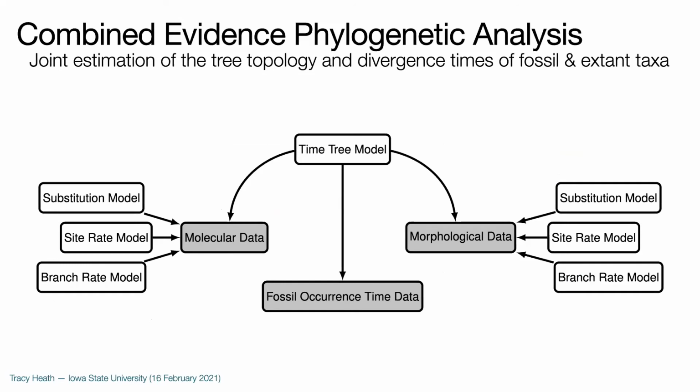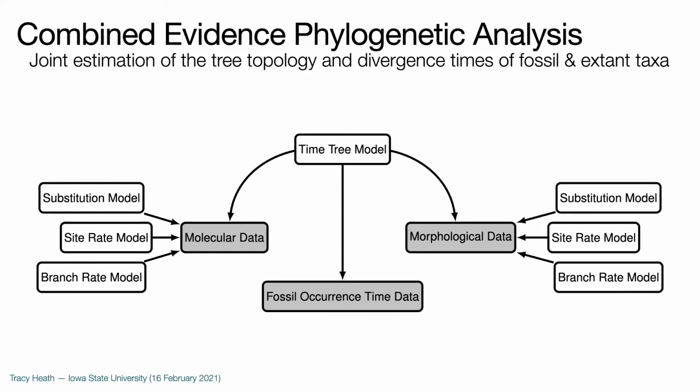So these combined evidence phylogenetic analyses allow us to essentially extend the set of models that we consider. And here I'm showing a more coarse-grained view of a probabilistic graphical model that's describing the overall process that gives rise to our various data sets.